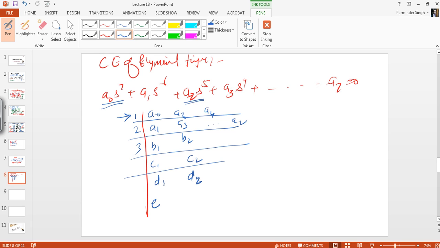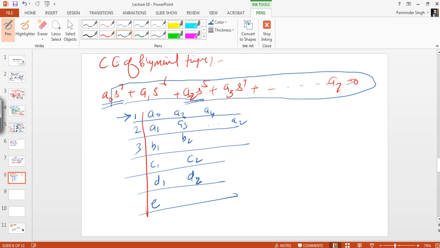Now where to stop? Now in Routh array, there are certain assumptions or certain necessary conditions which everyone should follow. Number one, the coefficients of all the terms appearing in the polynomial form of the characteristic equation should be positive in nature.